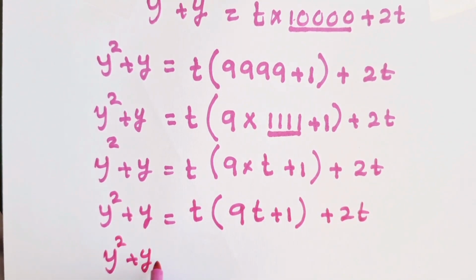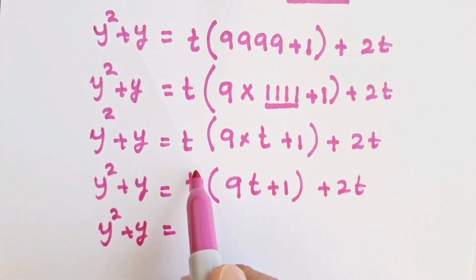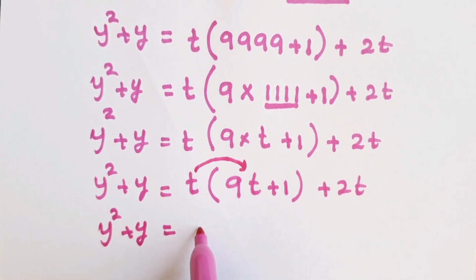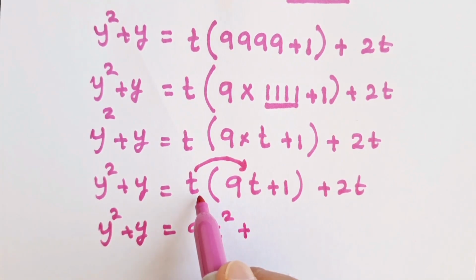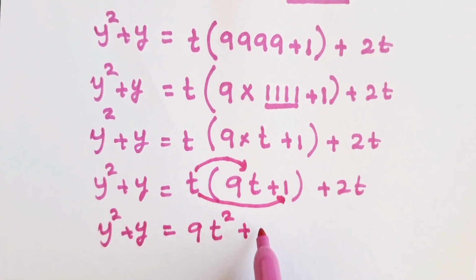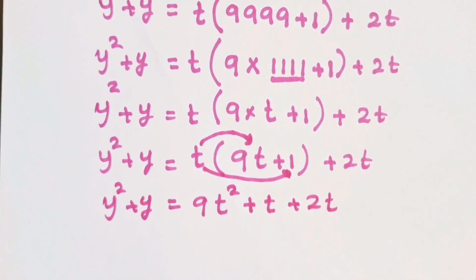Now I am going to eliminate the parentheses. T times 9 times t is equal to 9 times t squared, plus t times 1 is equal to t, plus 2 times t.